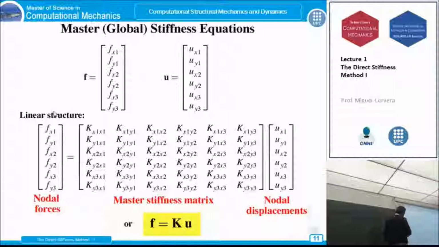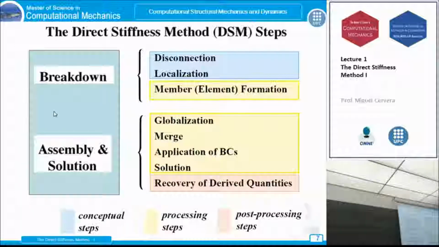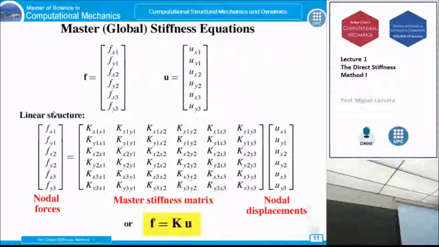But we know that for this particular structure we are studying, the degrees of freedom are these. Okay? We know that the degrees of freedom that we have defined are these 6, ordered like this.